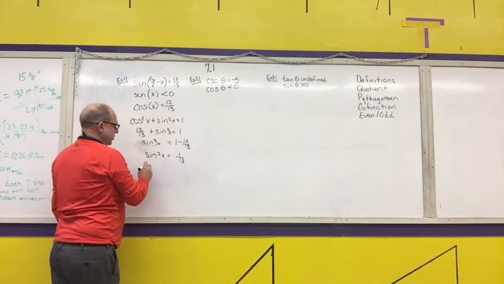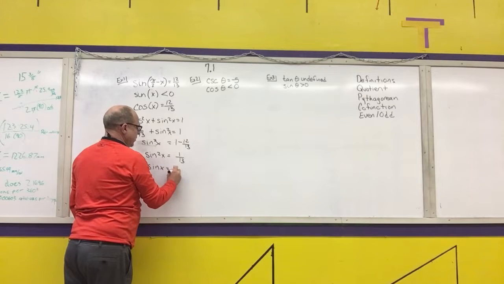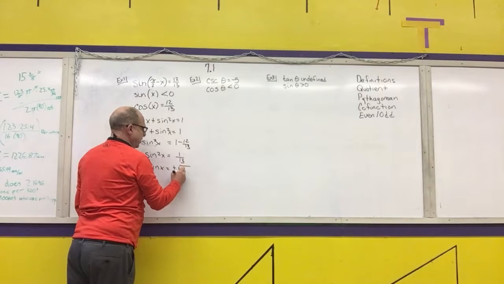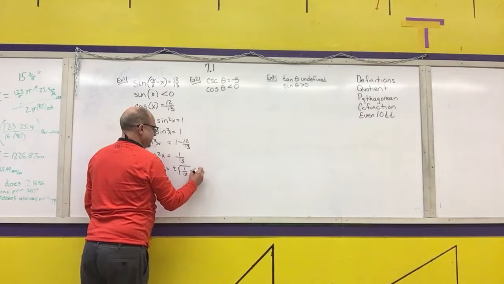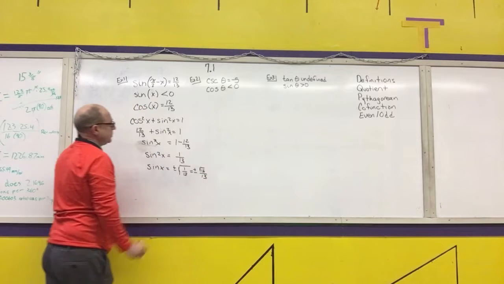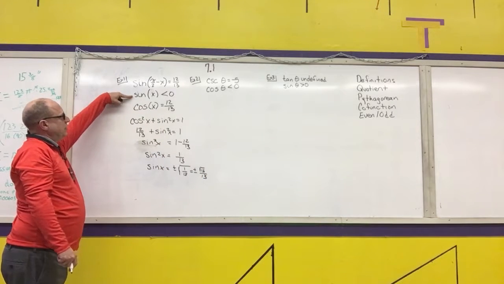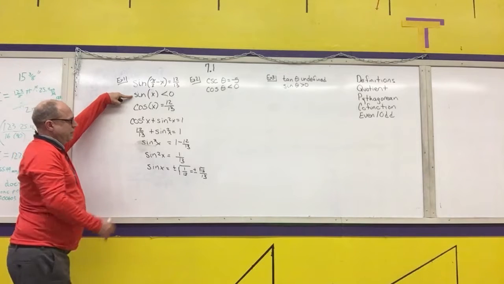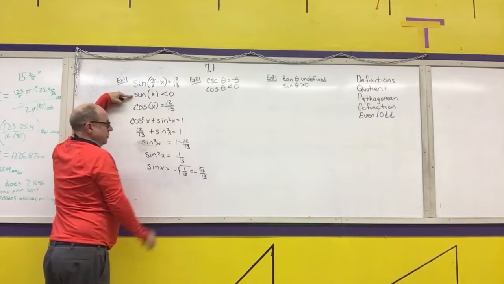Now take the roots, and I get sine of x is equal to plus or minus the square root of 1 13th, which is equal to plus or minus the square root of 13 over 13. However, we can go back up to our original conditions that said the sine of x is negative, and I can get rid of the positives in my plus or minus.